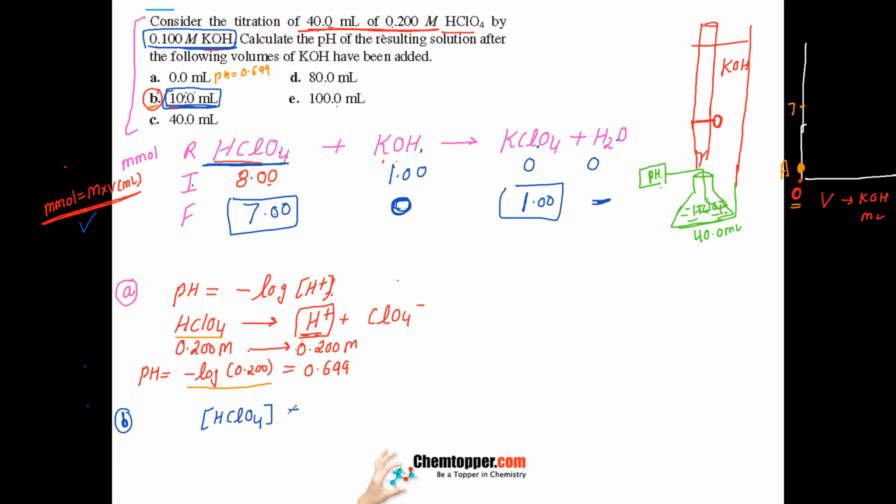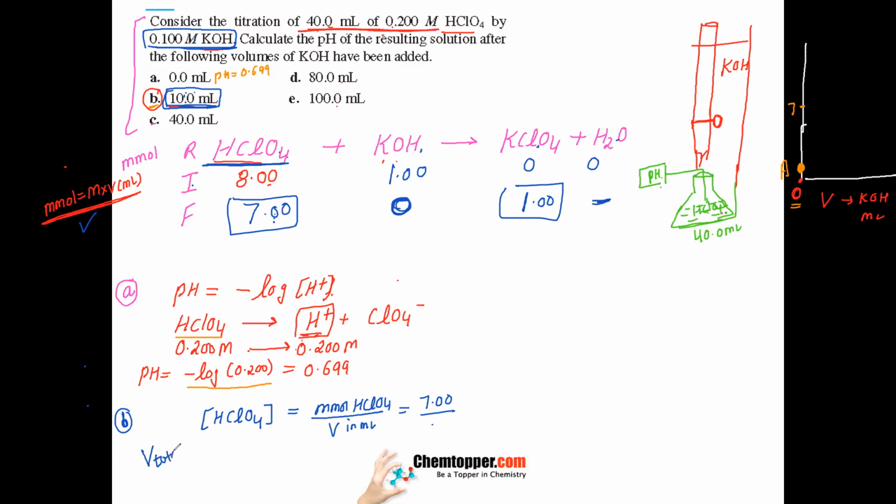Concentration of HClO4 is millimoles of HClO4 divided by volume in ml. Do I have the millimoles? Yes, 7.00, this one. And how much is the total volume? V total? You are mixing volumes.